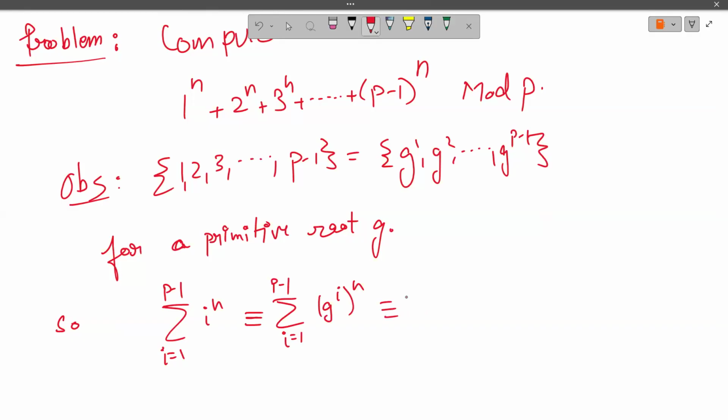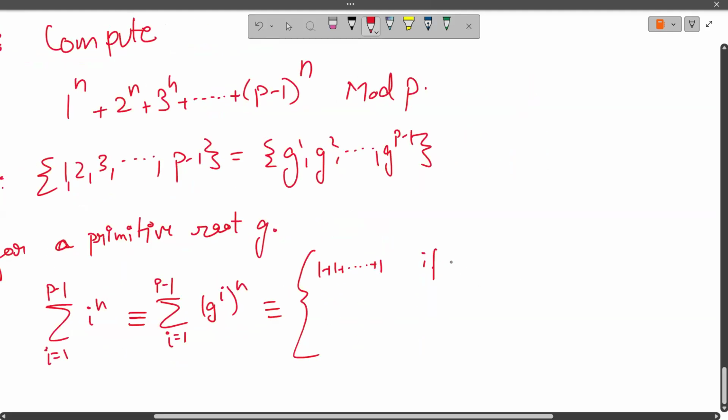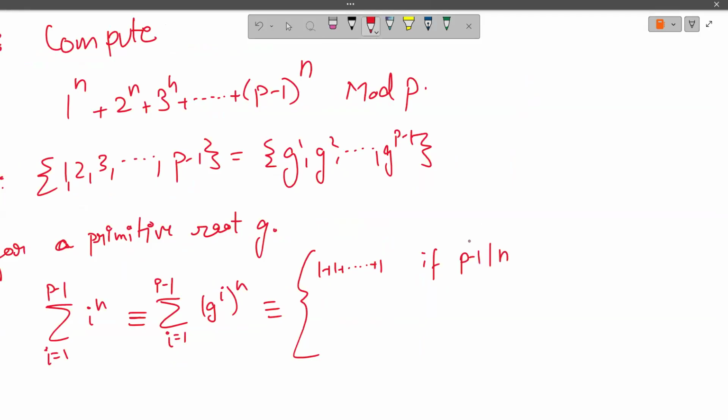Now we need to make two cases actually. You get p minus 1 if p minus 1 divides n. Can someone tell me why this is true? Why is this statement true?